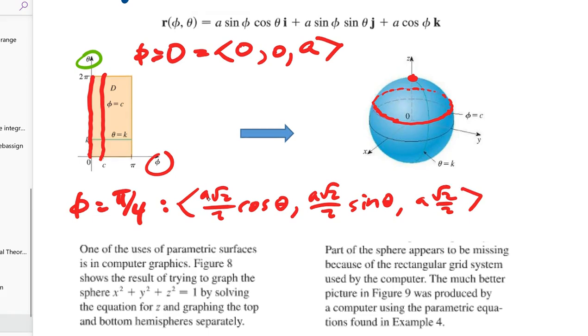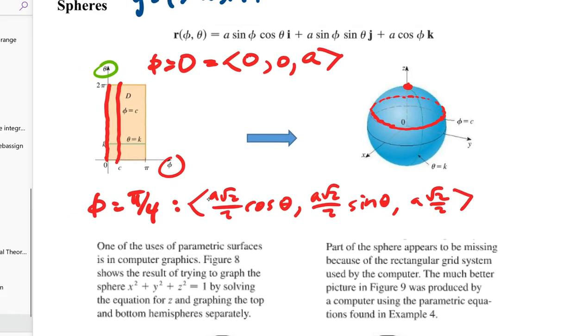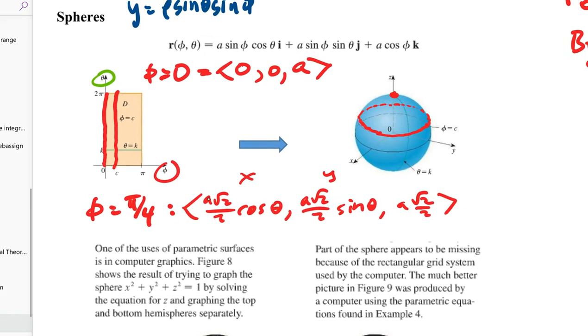So when you square these middle ones, this is x, this is y, you'll get x squared plus y squared equals a root 2 over 2 squared. And then you're moving up a value z, a root 2 over 2. So you'll get something like this here. And then as you go to pi, you're going all the way down to the bottom. So you continually make these.